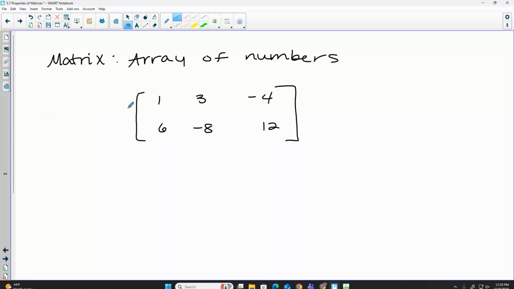Your rows are horizontal, columns are vertical. So if I look at this, that represents a row. If I look at this, that represents a column.